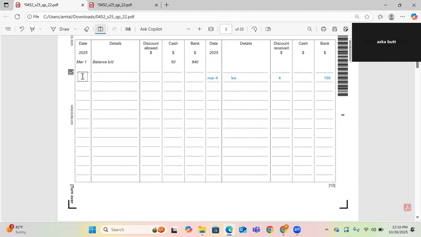So on 6th March, what happened? We have received the amount from Sophia, and the discount we allowed to her, that is $9. And the amount which we received in the form of cash, that was 291. Okay.